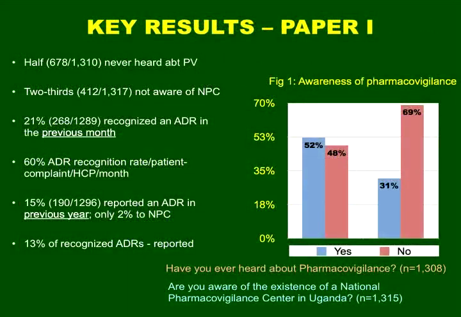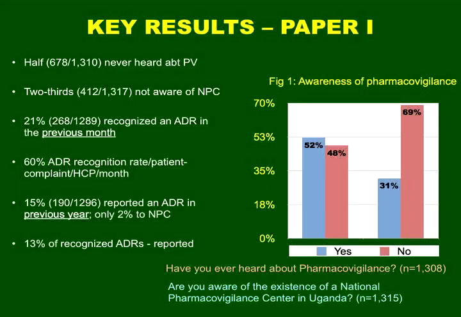Half of the healthcare professionals had never heard about pharmacovigilance, and worse still, 2/3 were not aware of the existence of the National Pharmacovigilance Center. 1 in 5 had recognized an ADR in the previous month, with a 60% detection rate per patient complaint to a healthcare professional in that month. 1 in 7 had reported an ADR in the previous year, just 2% being to the National Pharmacovigilance Center.